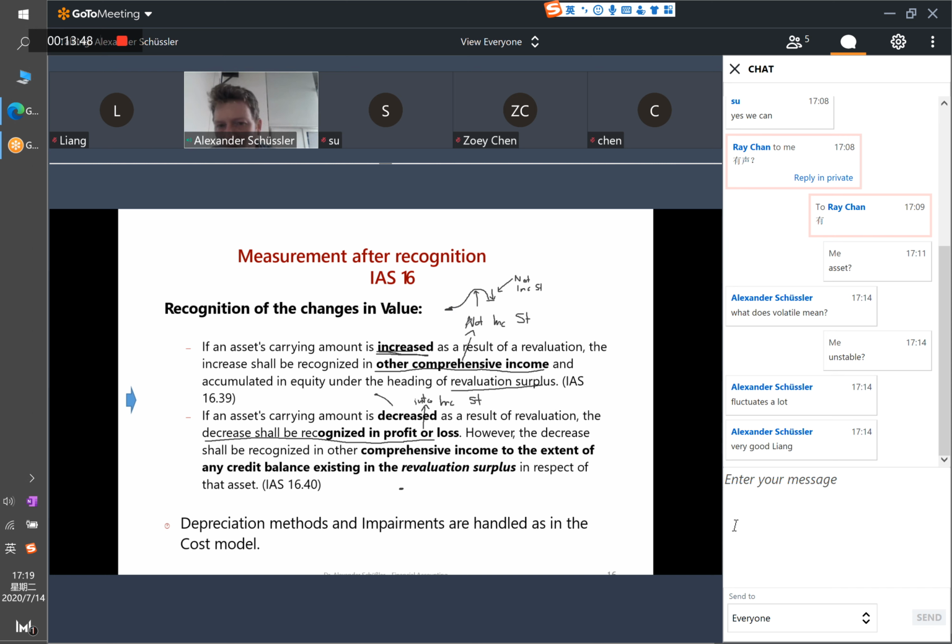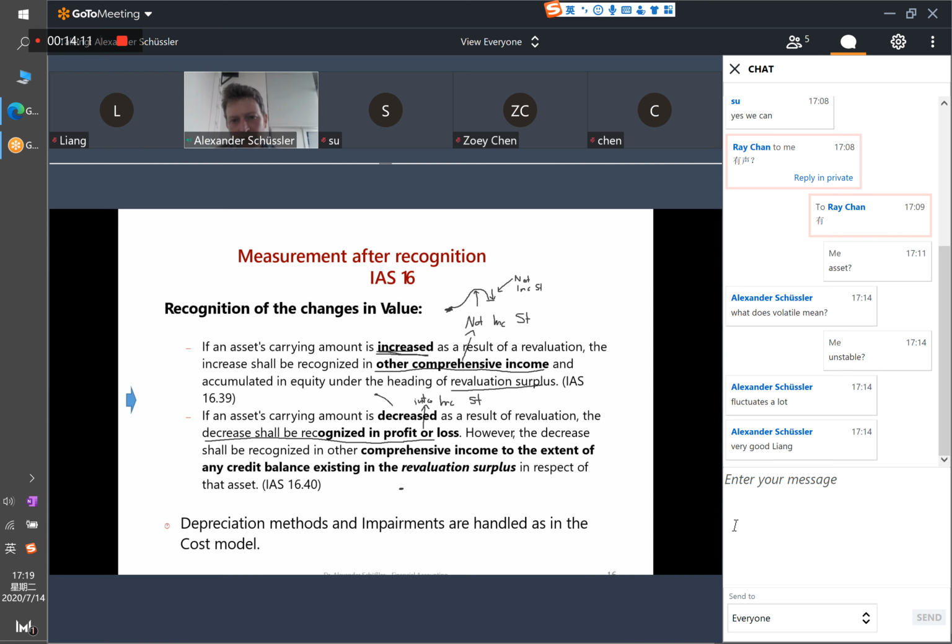If it is below the book value, then it flows through the profit and loss, and it decreases your earnings per share.